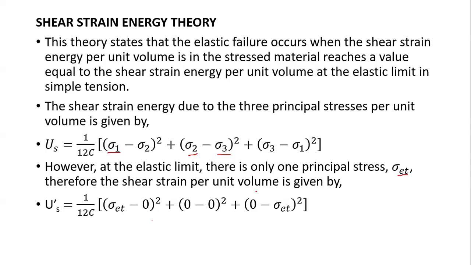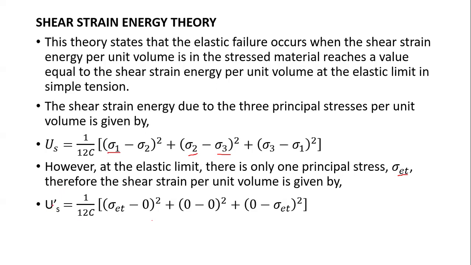So if you go back to the expression, you put 0 there, 0 there, and 0 there, but in place of stress 1, you put stress ET. The expression becomes (stress ET minus 0) squared plus (0 minus 0) squared plus (0 minus stress ET) squared, with the square brackets still there, and then outside we have 1 over 12C.